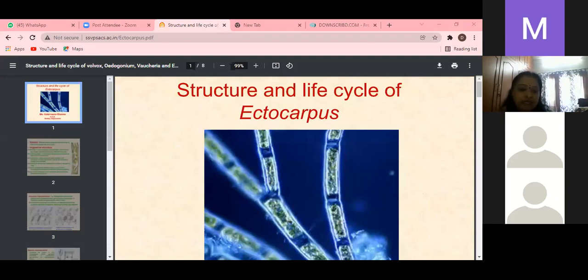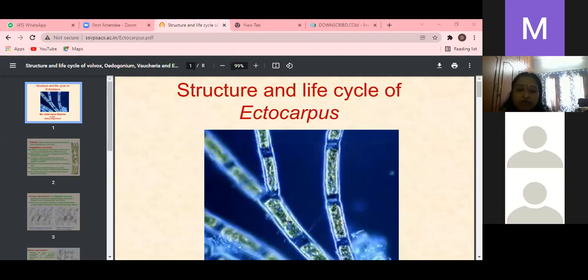Laminaria is the best example. Ectocarpus is also a second example. These are the species. Some Ectocarpus species are found as freshwater inhabitants. What characters are there in this class?